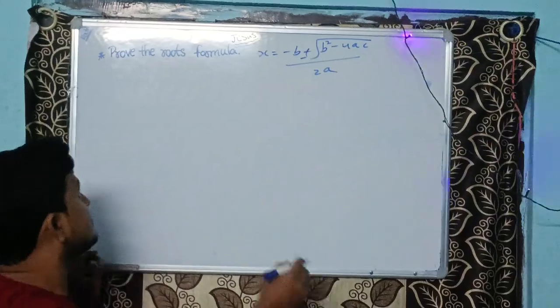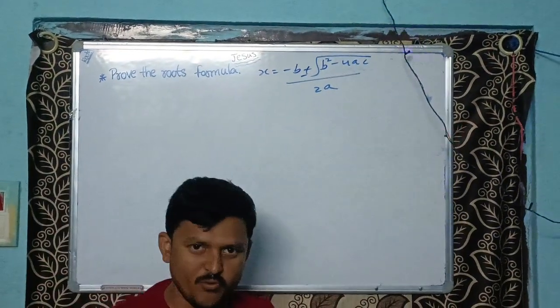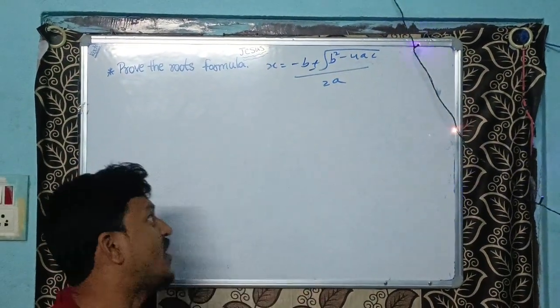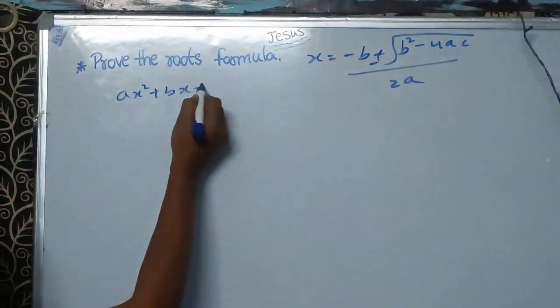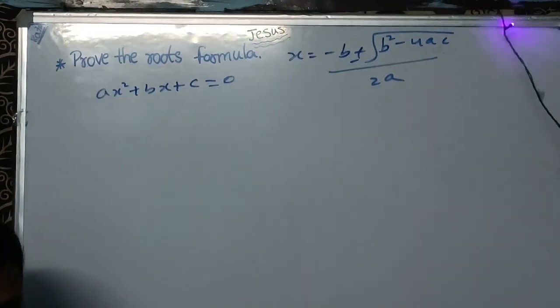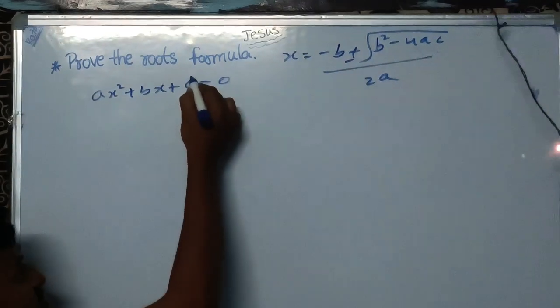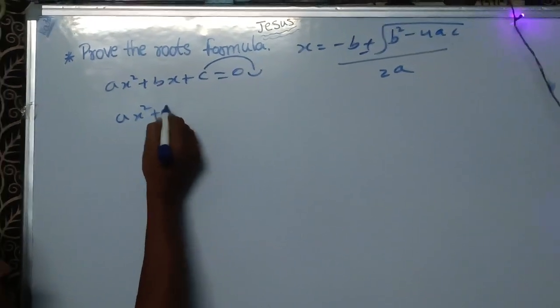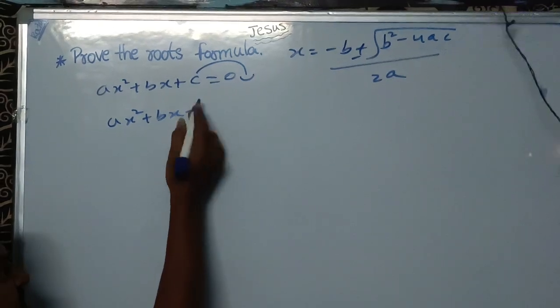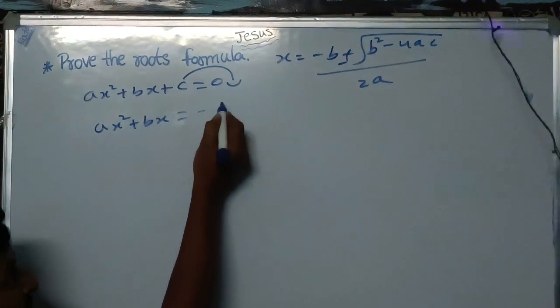Take a quadratic polynomial or quadratic equation. Write the quadratic form. What is the quadratic equation form? ax square plus bx plus c is equal to 0. First, c is transferred from left to right, so ax square plus bx is equal to minus c.